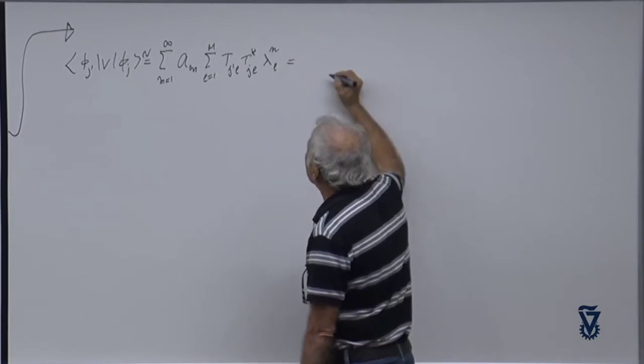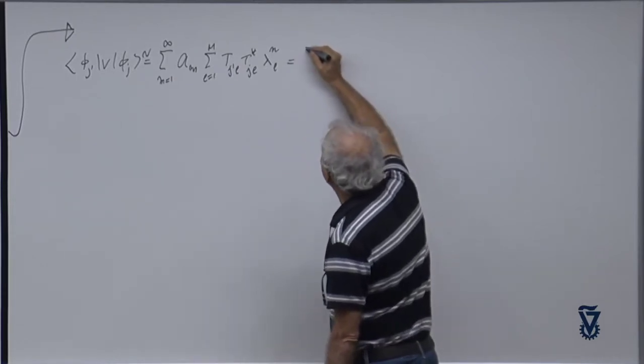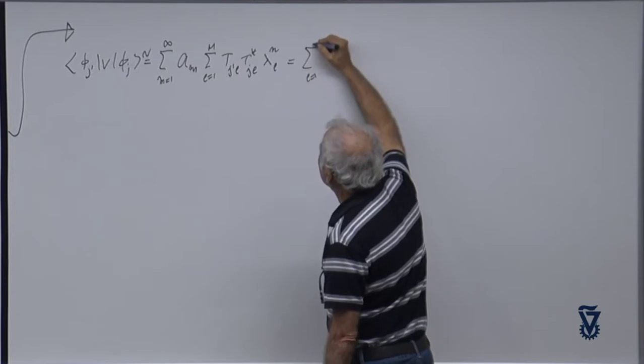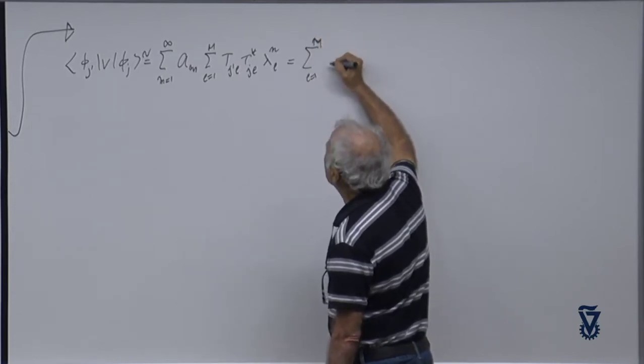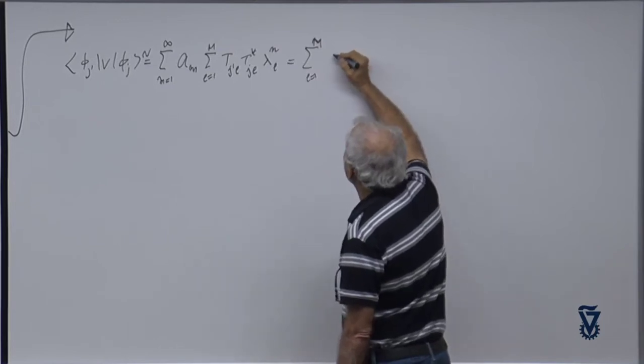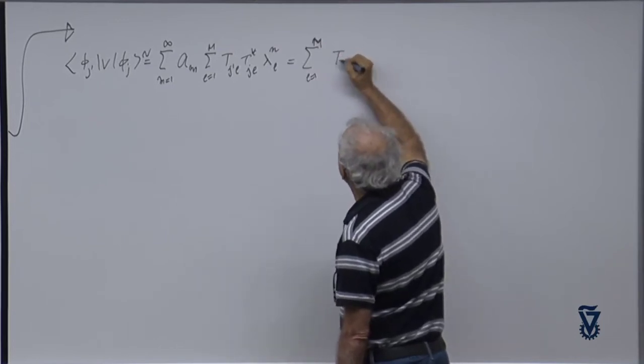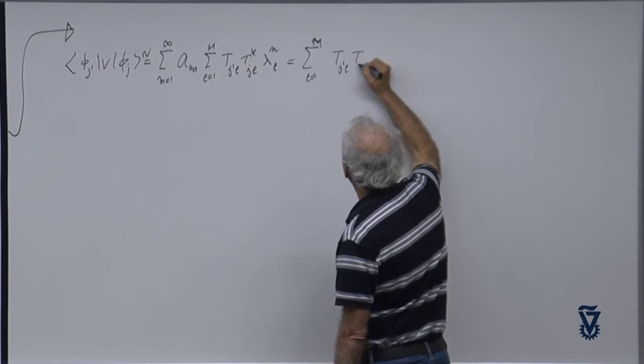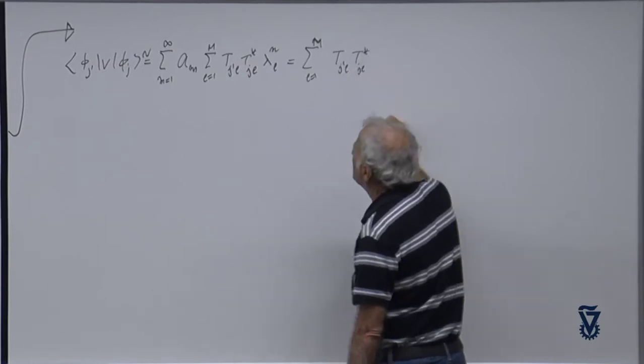Then we can write this as the sum over L equal to 1 to M of T_j'L T_jL complex conjugate.